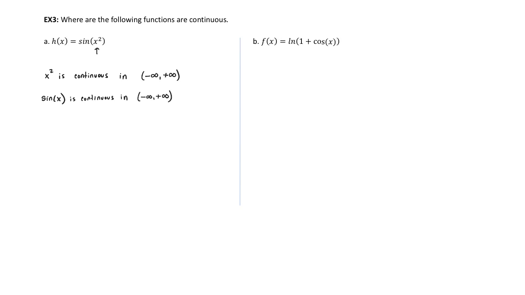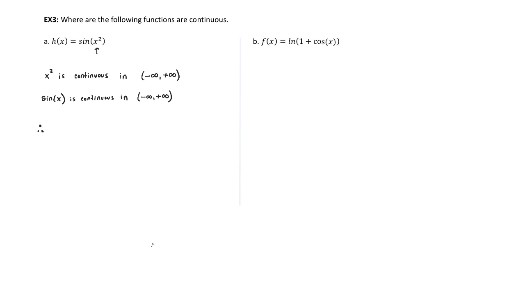So what this is saying is that no matter what x squared dumps in here, sine is going to be okay with whatever x squared puts in here. Sine is okay with anything. So that means that if everything goes beautifully together, x squared is continuous everywhere, and sine is going to be happy with whatever x squared puts in there.